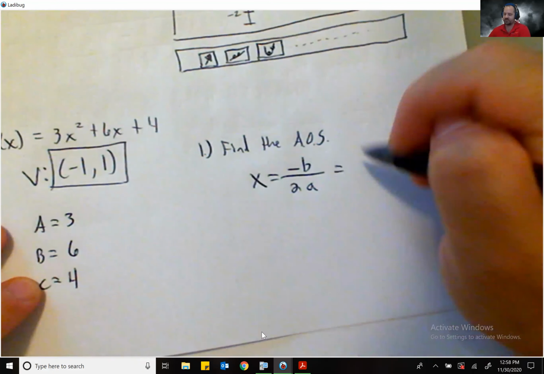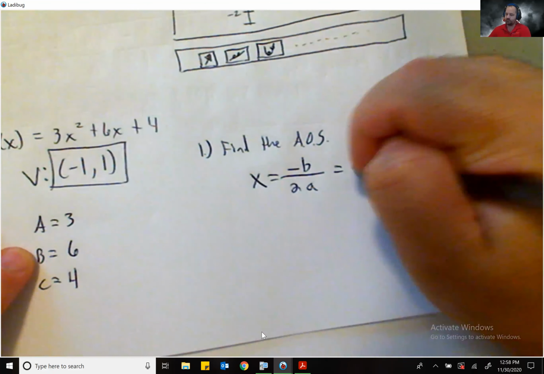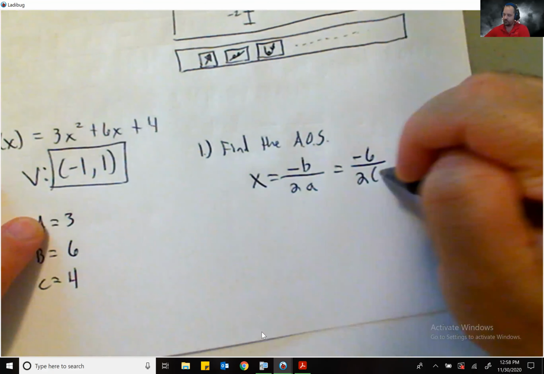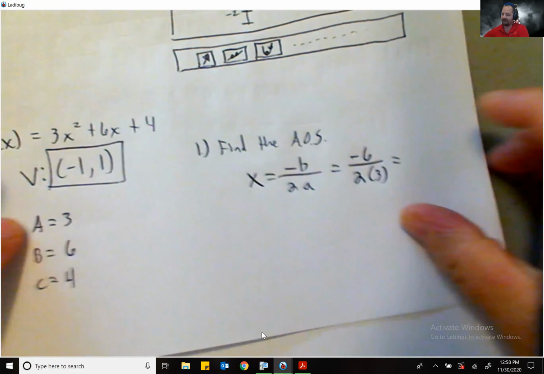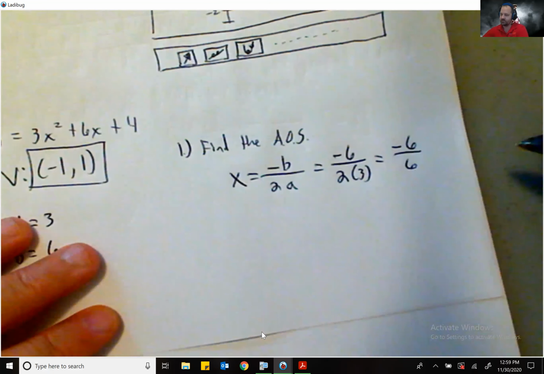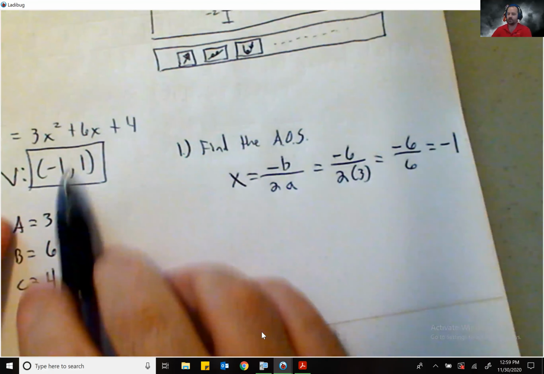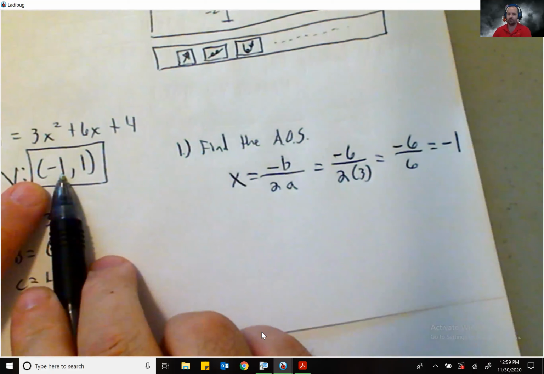So it says the opposite of B. So that's a negative 6 all over 2 times our A, which is 3. So that gives us negative 6 over 6, which is negative 1. Oh, look, there's our X value, negative 1.